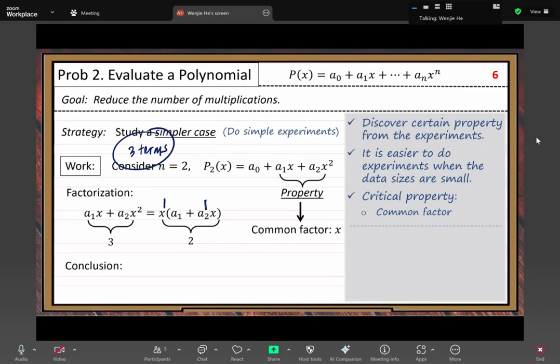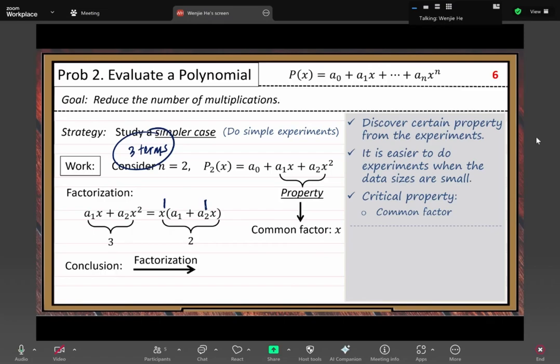On this simple polynomial, you can save 1 multiplication. That's the progress. Encouraging, right? We are doing something positive. So our conclusion: by factorization, why can we get this improvement?